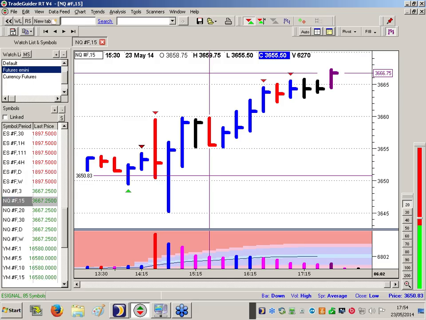Red down bar after. Now, what did the computers tell us about that? Right, hang on, sorry. Here we are, look.